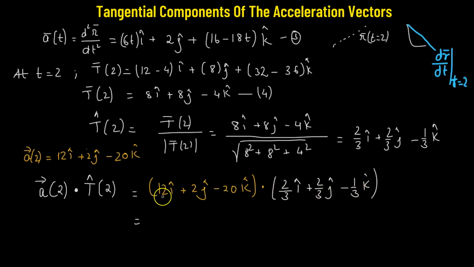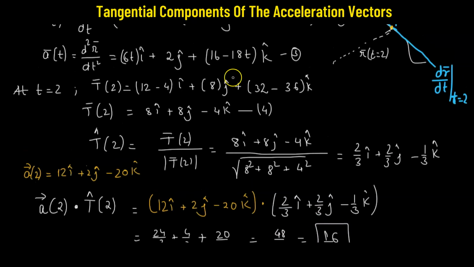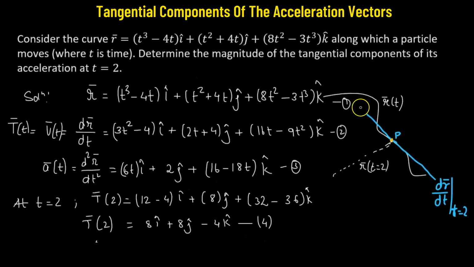So we have 12 times 2/3, that's 24 over 3, plus 2 times 2/3, that's 4/3, plus 20 times 1/3, that's 20 over 3. This gives us 48 over 3, and 48 over 3 is 16. So this is the magnitude of the tangential component of the acceleration at time t equals 2.